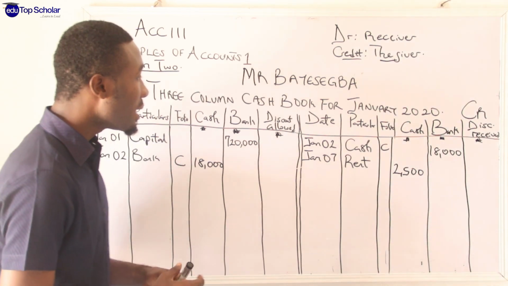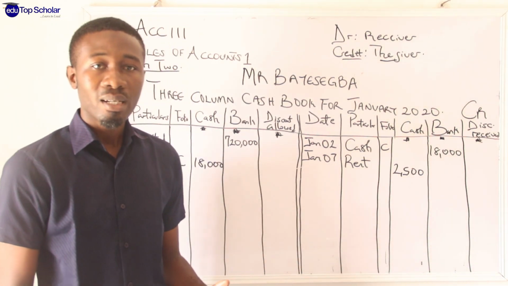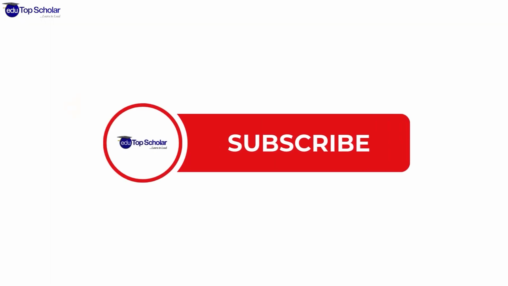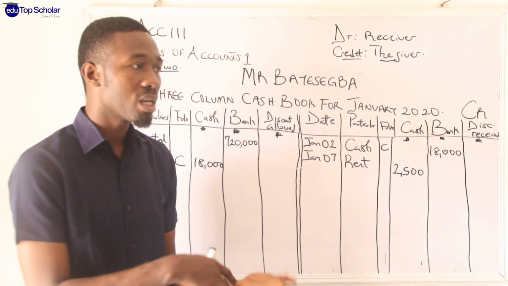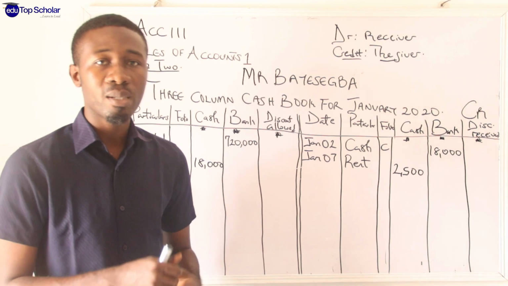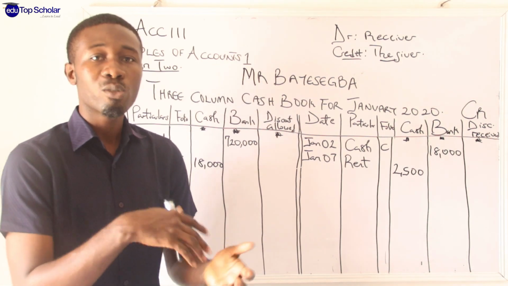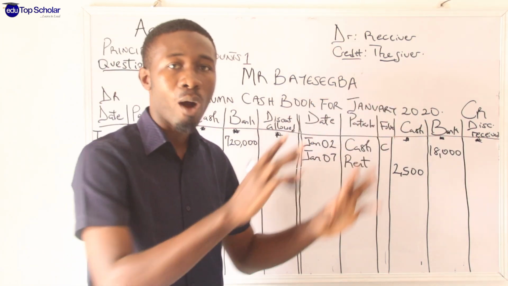So he took money. Because in this case, money is going out of the business. The money is not within the business. He didn't spend the money on the business, whether to purchase an item of goods or to purchase furniture or to purchase something that will be used within the business. He took this money for his own personal use, which means that in this case, the business is giving out.